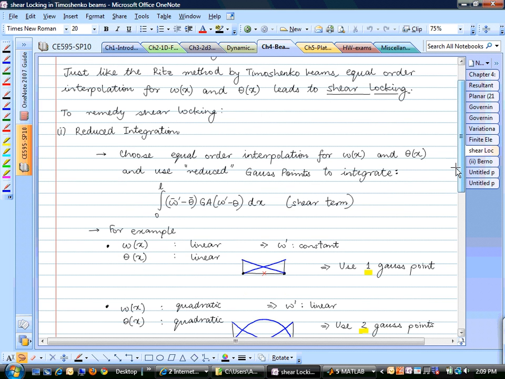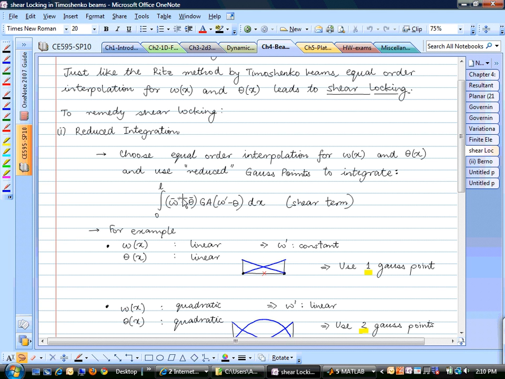So in order to integrate this term exactly, what would we need? Linear times linear. We need to integrate quadratic terms exactly. And to do that, what number of Gauss quadrature should we use? If we have a quadratic function, how many Gauss points would we need to integrate it exactly? 2 Gauss points for a quadratic. So if we want to integrate theta exactly, we would need 2 points.